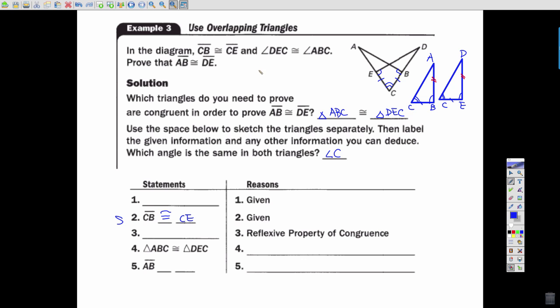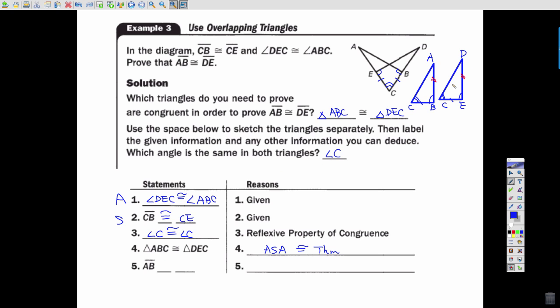That's one side. It's also given angle DEC is congruent to angle ABC. That's an angle, right? So we have one angle, one side. And we also said angle C is congruent to angle C because that's the shared angle, by the reflexive property of congruence. Therefore, by ASA congruence theorem, we can prove these two triangles are congruent, which is what we wrote up here: triangle DEC is congruent to triangle ABC.